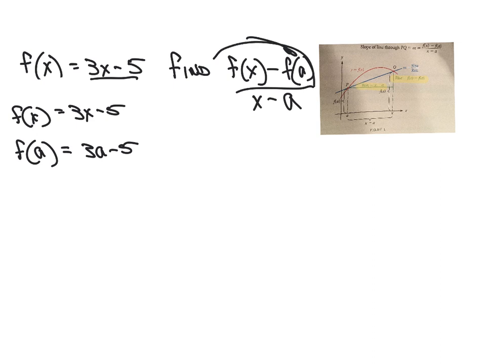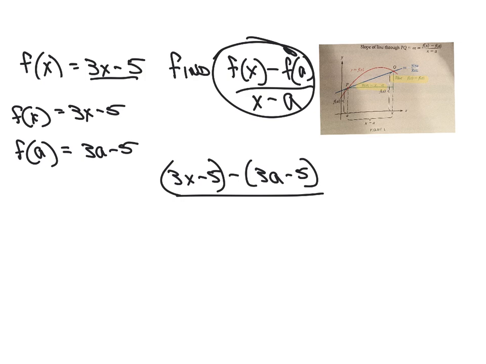So I'm going to rewrite this whole equation. Instead of using the functions, the f of x minus the f of a, I'm going to put 3x minus 5 in for the f of x. And I'm going to put in parentheses, 3a minus 5 in for the f of a, because that's what we have here and here.